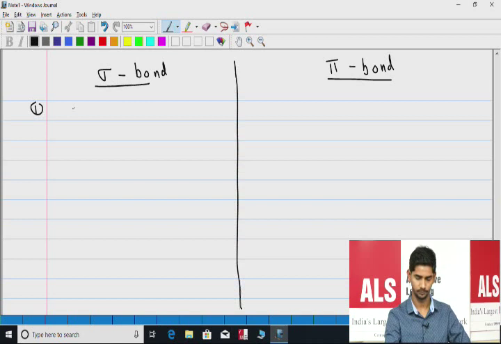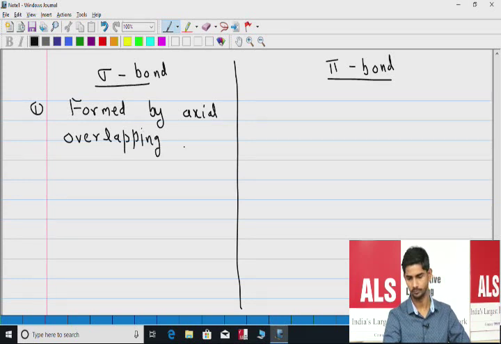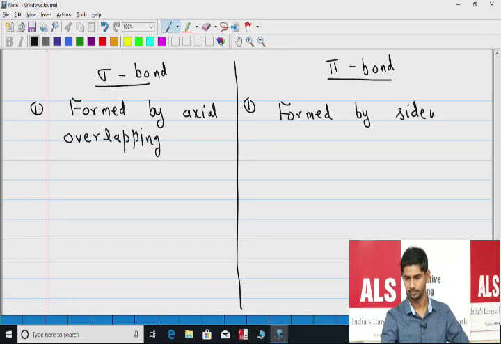First, sigma bond is formed by axial overlapping, pi bond is formed by sideways overlapping.